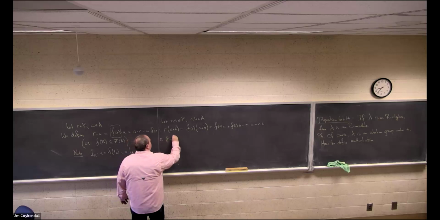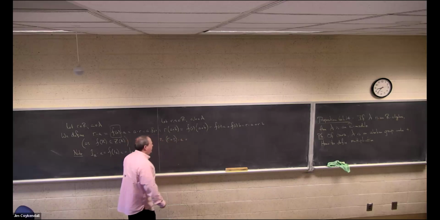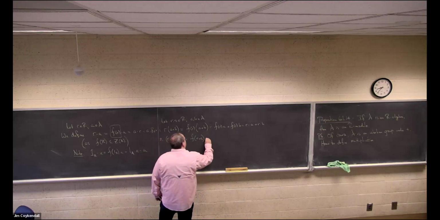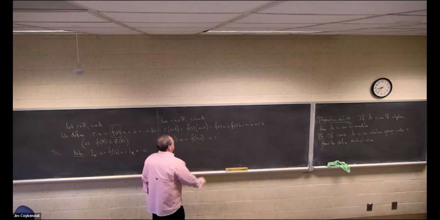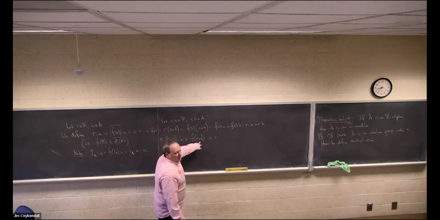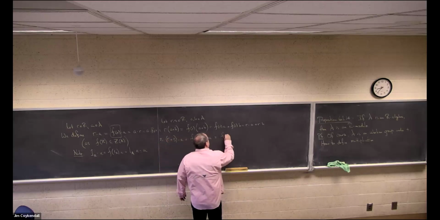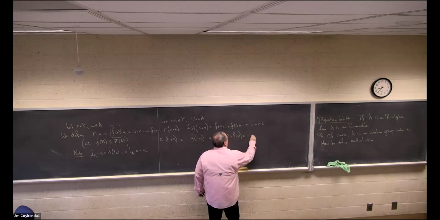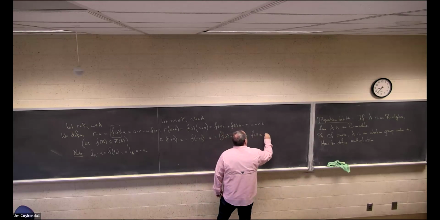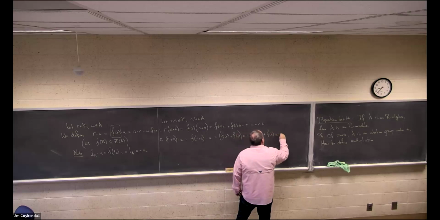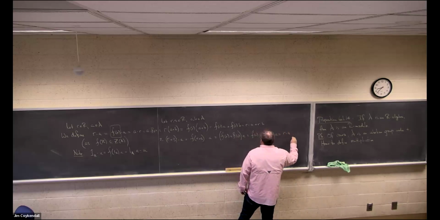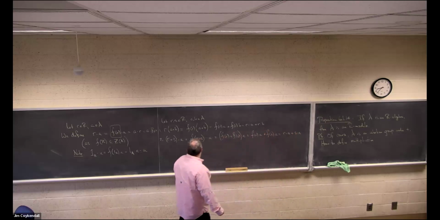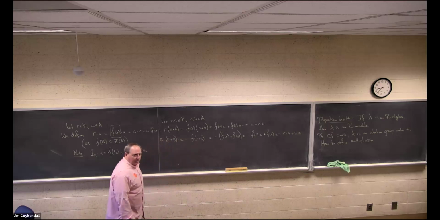(r plus s) operating on a. Well, this is by definition f(r plus s) times a. But this is a homomorphism. So this is actually (f(r) plus f(s)) times a, which is f(r)a plus f(s)a, which is r operating on a plus s operating on a. Okay, so we've got that going for us.